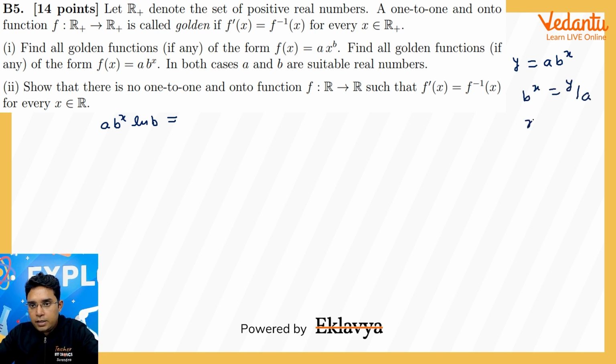So this x will be log of y by a base b. Actually we will be interchanging x and y also, and base b. So you can see here we are having a log function and here we are having an exponential function, so they cannot become equal. So no such function is possible.